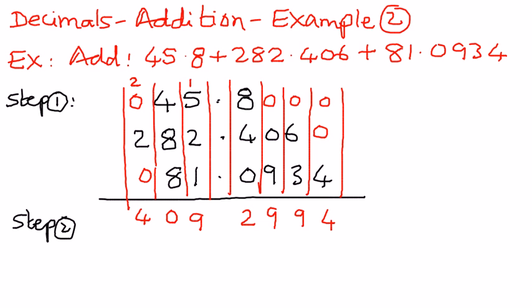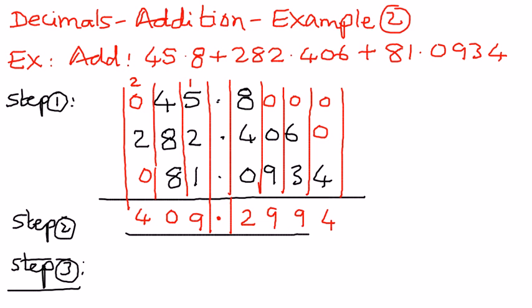Now in step 3, we're going to look at the answer and then place the decimal point accordingly. So we're going to place the decimal point right under the decimal place where the rest of the numbers are aligned. So therefore our answer here is 409.2994.